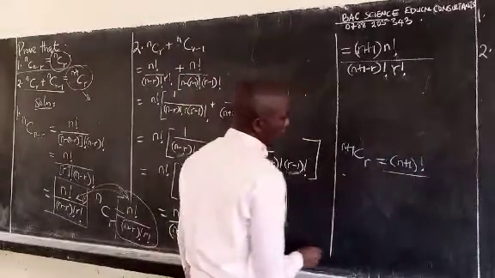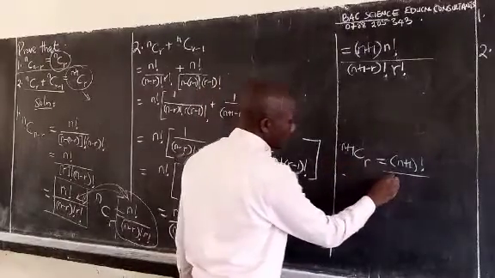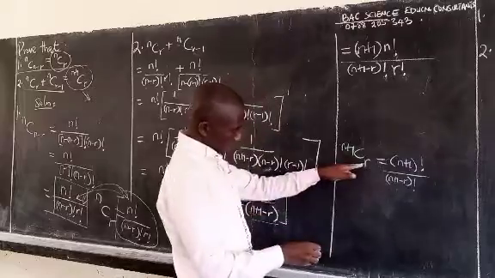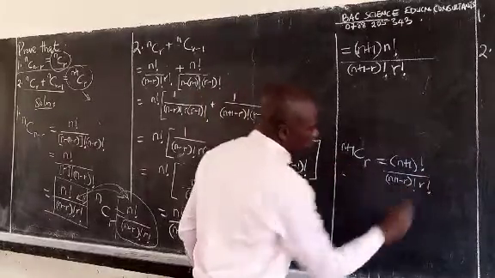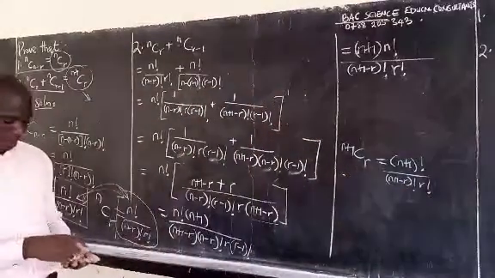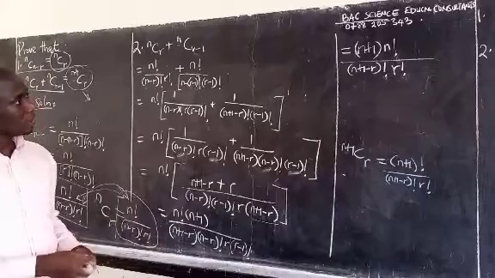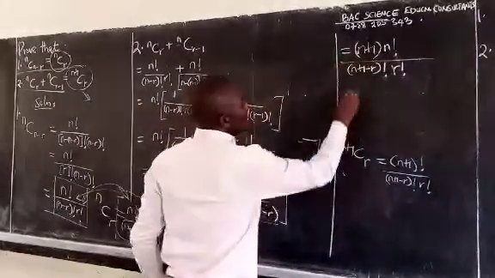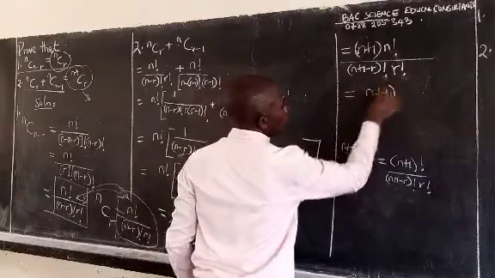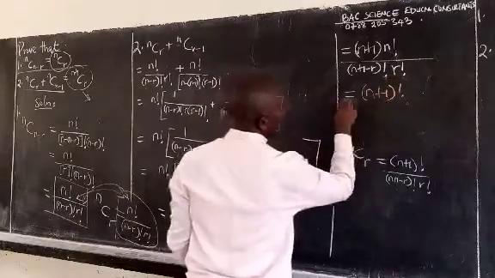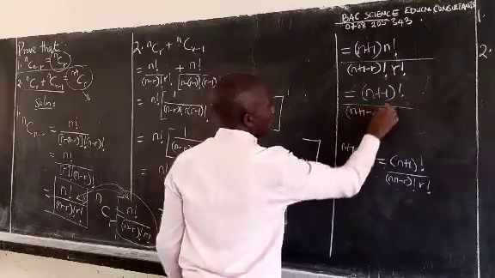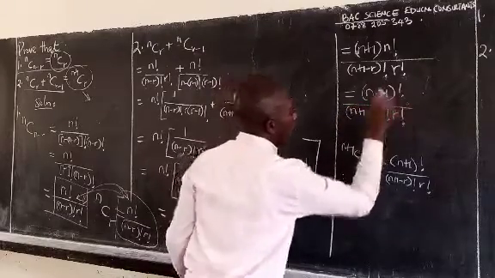Then out of this minus this, (n+1-r)! then this factorial. Is it the same as that? Yes, because actually this is (n+1) times n!, which is (n+1)! out of (n+1-r)! then r!.